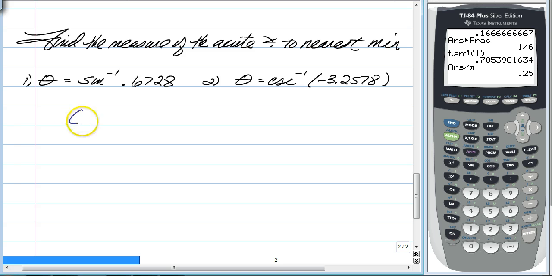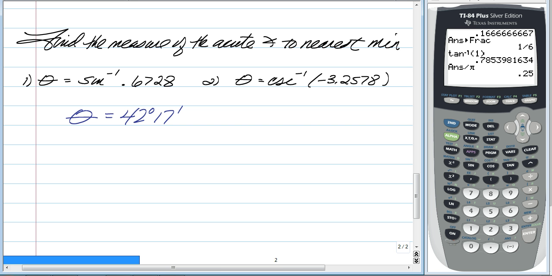And if you use your calculator correctly for this problem, you should get theta equal to 42 degrees and 17 minutes. Now, number 2, you would actually get a negative angle, because your calculator is automatically going to find that acute angle for you.